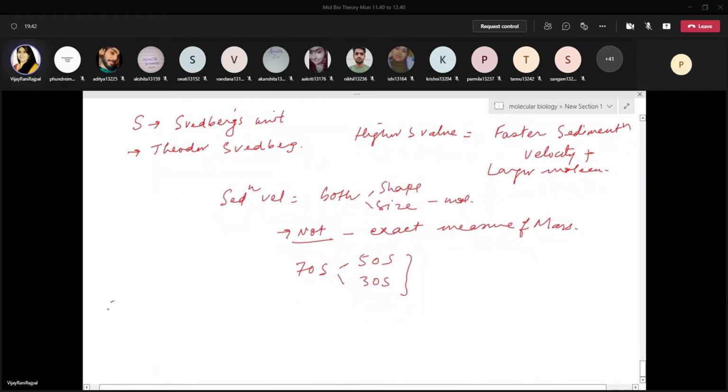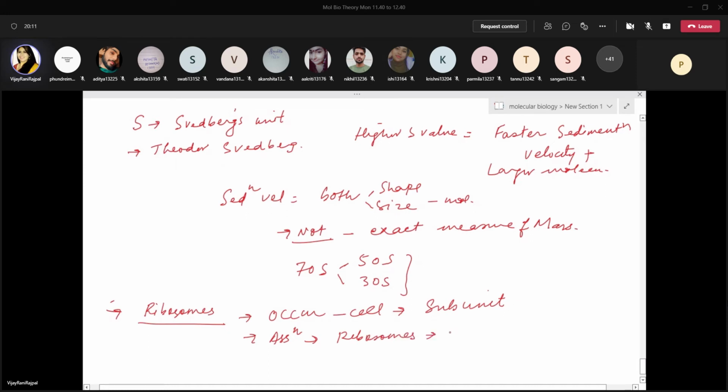Then, during each cycle of translation, let me tell you this first: ribosomes always occur in the cell in the form of subunits. They are never present as whole ribosomes. The association of the subunits to form ribosomes occurs on the mRNA.